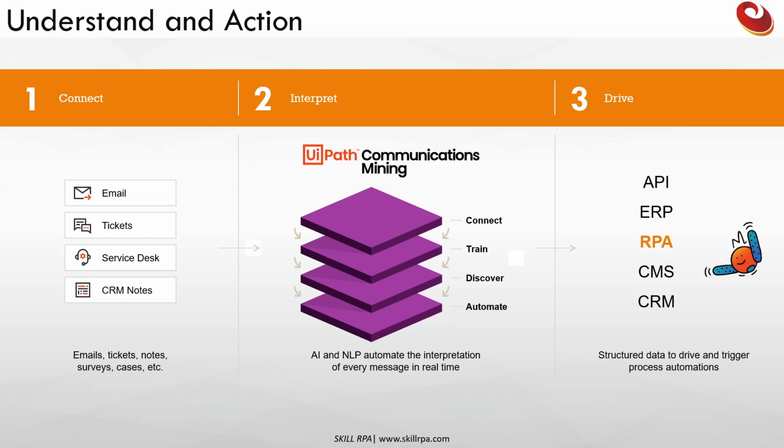And discover: it understands human language, reads every message, and mines conversational data to identify, discover, and extract high-volume processes. Let us assume there is a mail conversation going on, and you might have 4 to 5 mails in the same email chain.